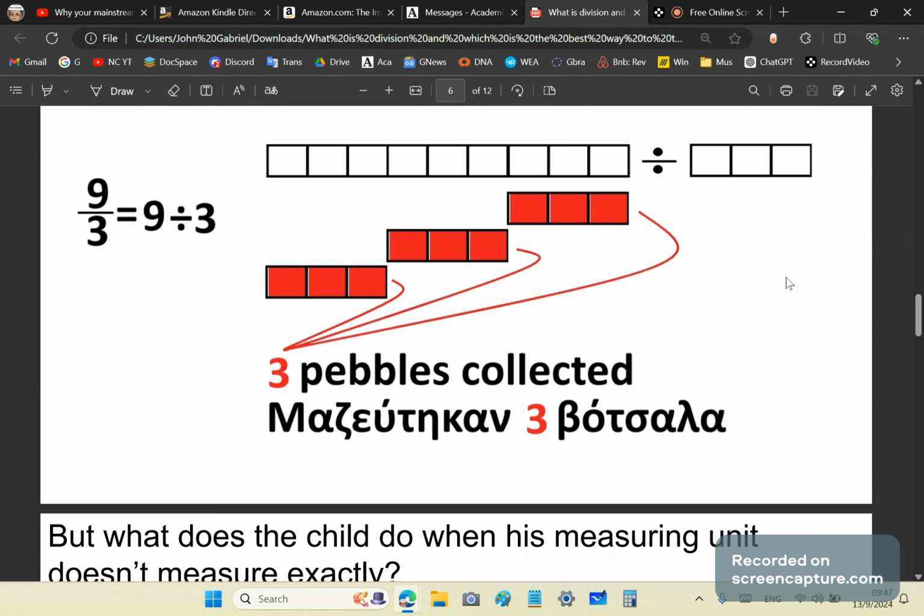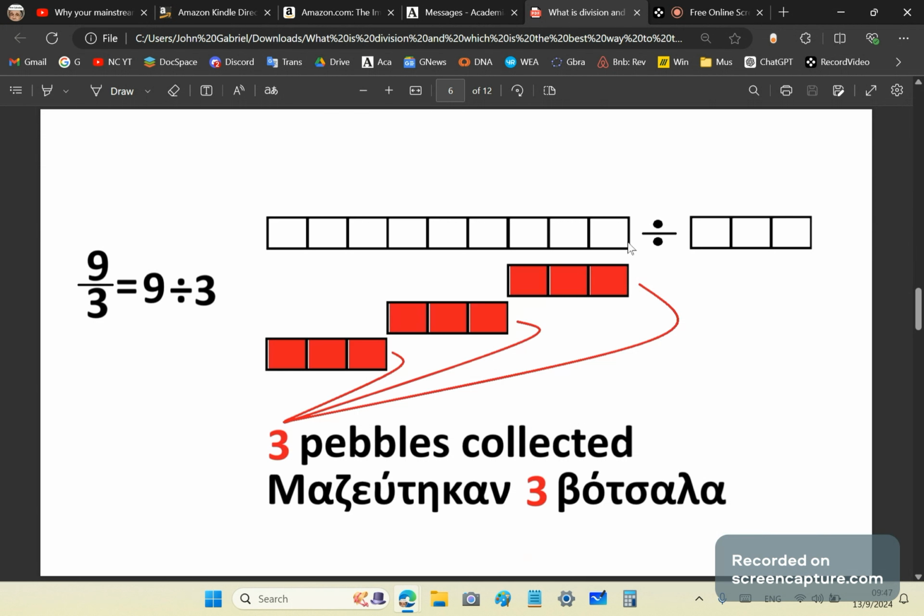So, as an example, if we are dividing 9 by 3, a child doesn't even need to know how to count. All he does is he takes this little unit of 3, this little block here that I'm pointing to, okay, and he just measures 1, 2, 3. He doesn't even count.